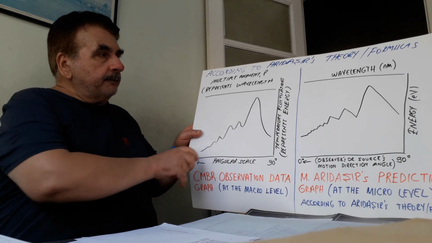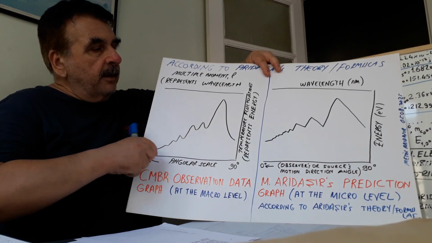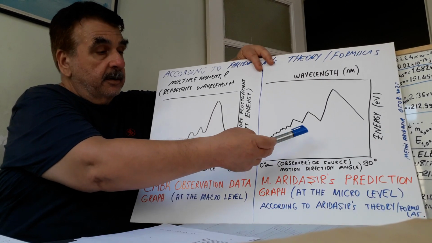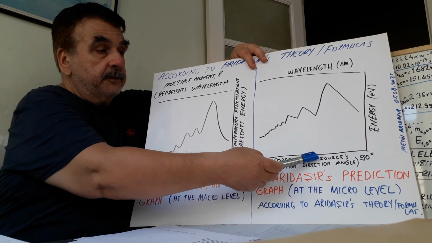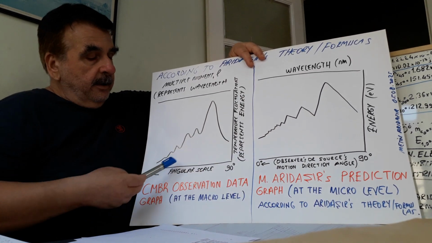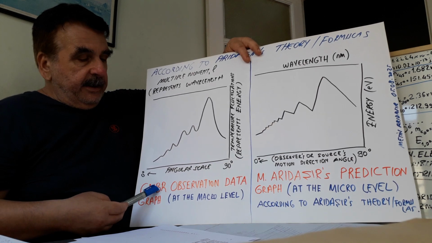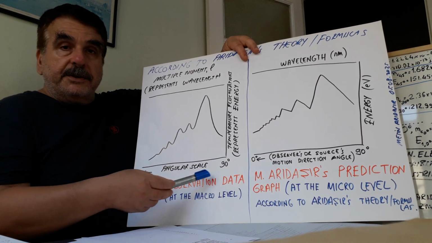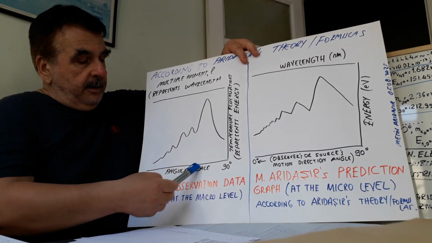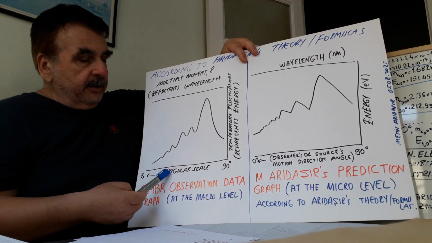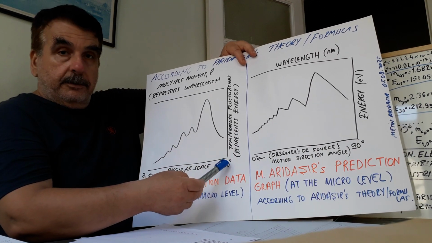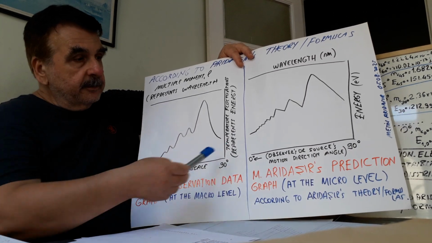Here again, on the right side, my computation according to my theory and my formulas, my prediction graph. On the left side, CMBR observation data, power spectrum. This side, angular scale on observational data.